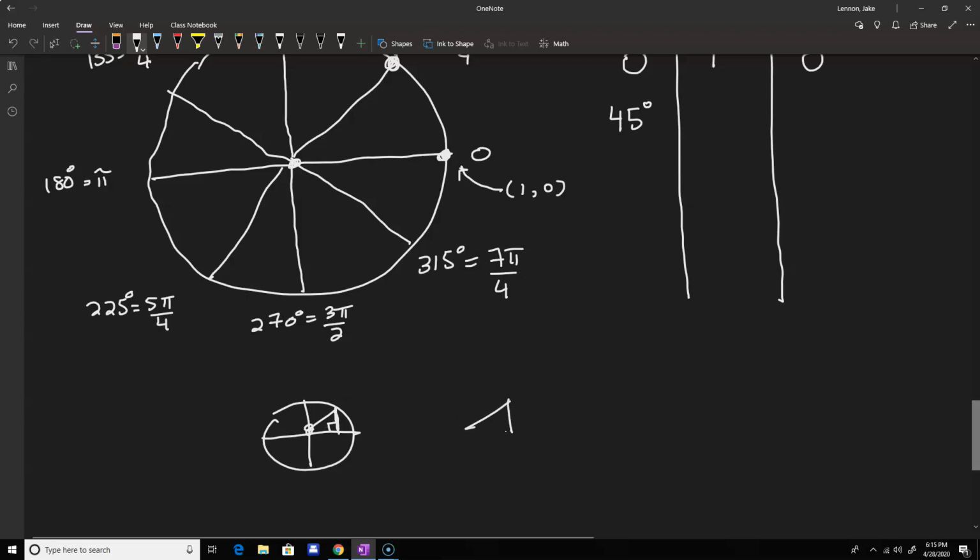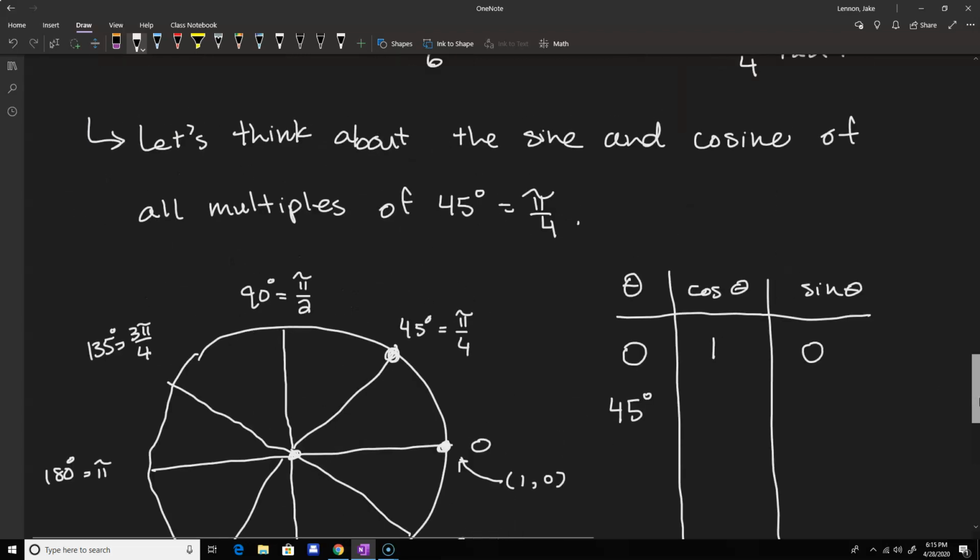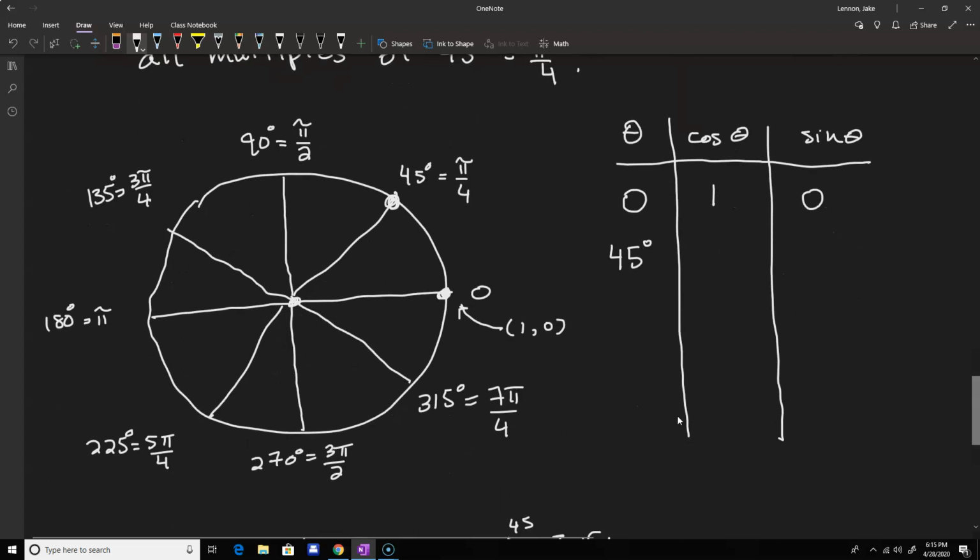This triangle looks like one of these 45, 45, 90 triangles, and the x-coordinate is going to be the length of the horizontal side, which should be square root of 2 over 2, and the y-coordinate should be the length of the vertical side, which is also square root of 2 over 2. That is what allows us to determine the sine and cosine of that angle. So we end up with square root of 2 over 2 and square root of 2 over 2.